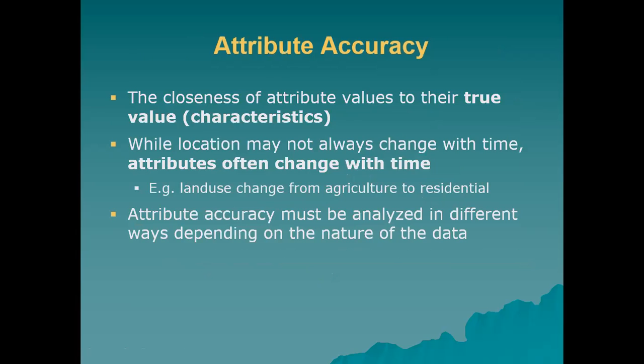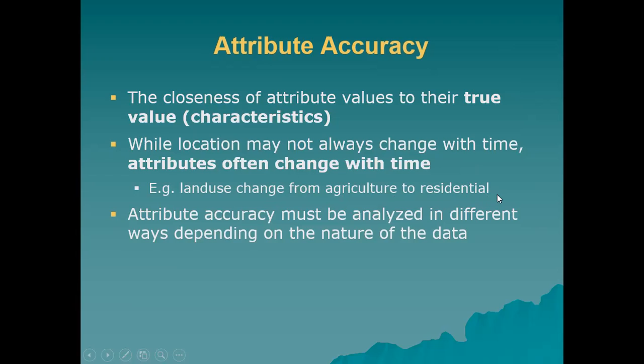Now, with regards to attribute accuracy, this describes the closeness of your attribute values to their true value or true characteristics. For example, we talked about things like land use changing from one type to another, for example, agricultural use to residential use. Maybe your data had changed over time and it's not reflected in your database.